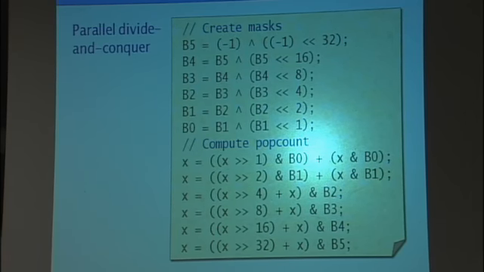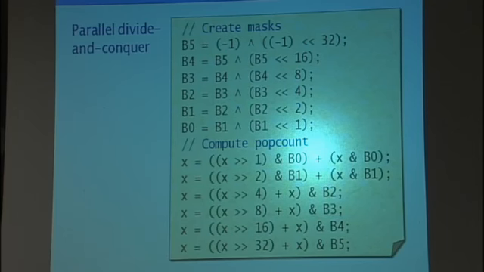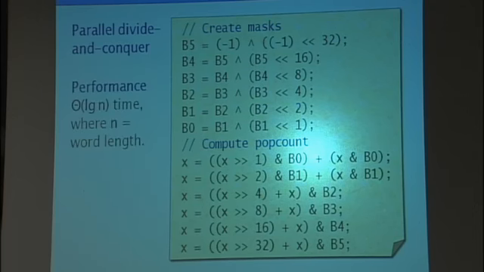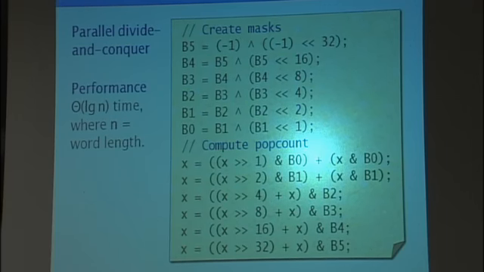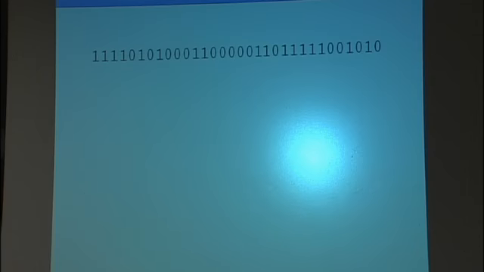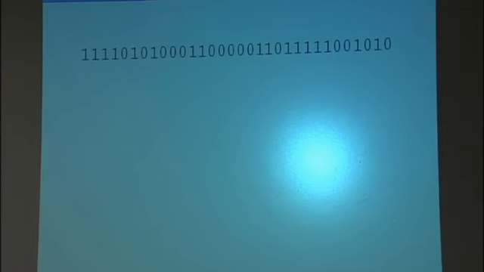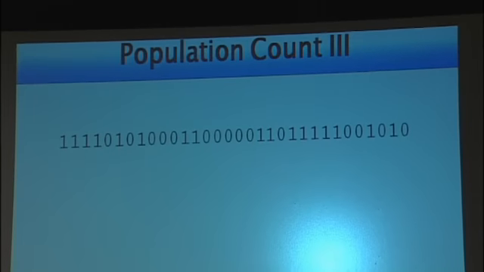By the time you get down to the last one, every other bit is 0, alternating zeros and ones. Let me not go through the code here. Let me show you with an example. The main thing to observe is that it takes log n time, where n is the word length. So here's population count on 32 bits.